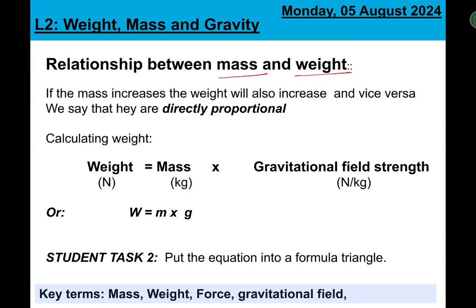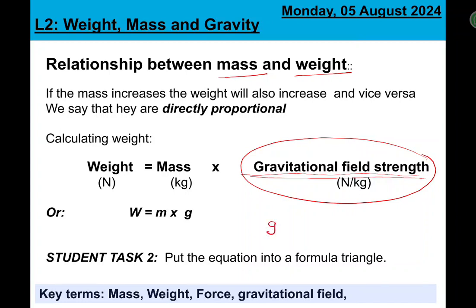Calculating weight is the mass times the gravitational field strength. What do we mean by gravitational field strength? Gravitational field strength is the amount of gravity that a particular planet has on objects. For example, the gravitational field strength of the earth is the amount of gravity caused by the earth on objects.